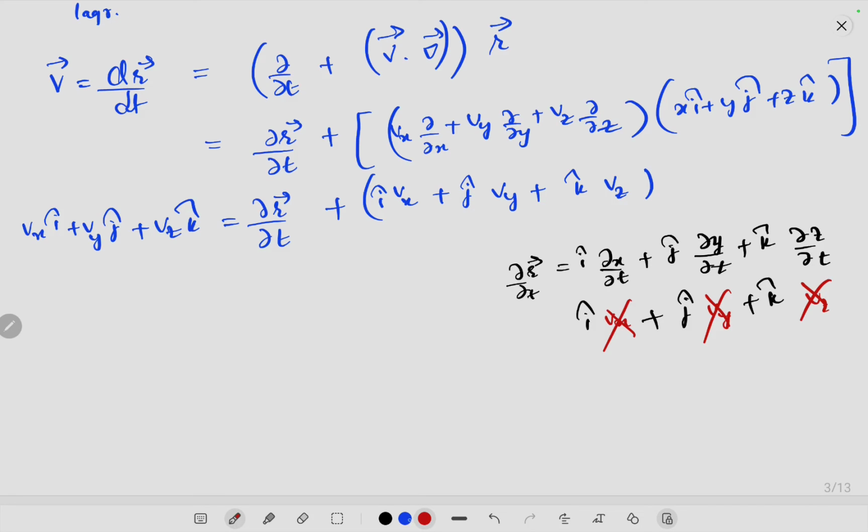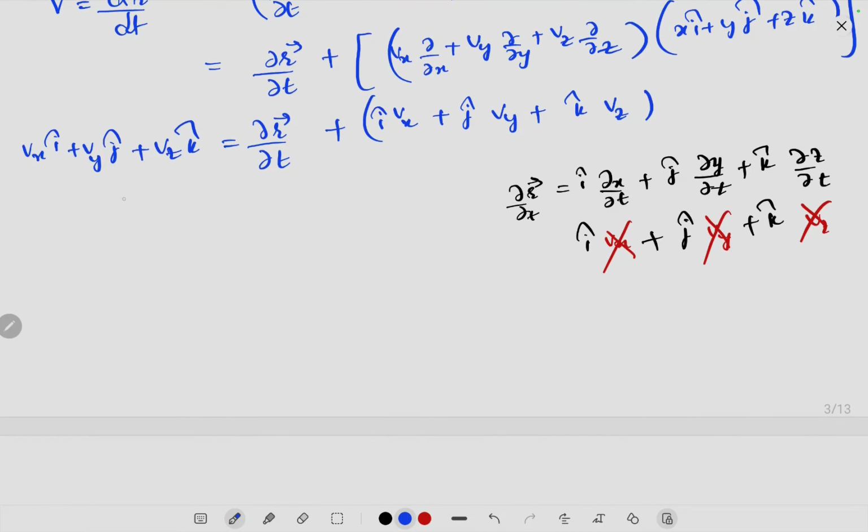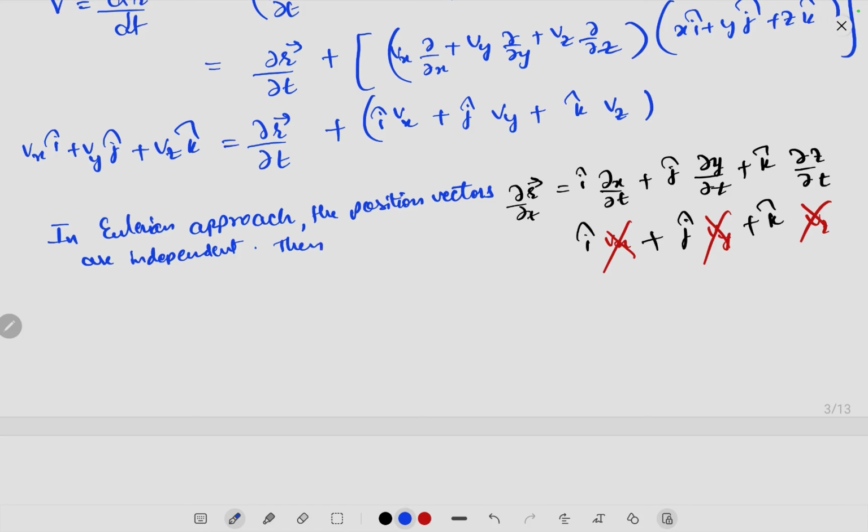The reason is that in Eulerian approach, the position vector components are independent. They are not changing with time.